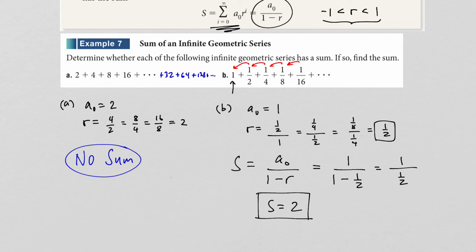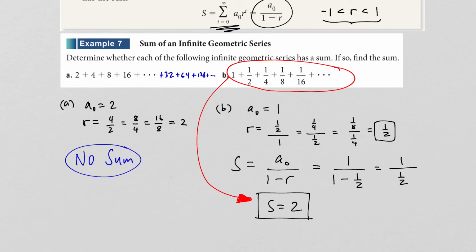And I know this can seem a little bit strange, talking about adding up infinitely many numbers and actually getting a sum. But basically what it means is that when you keep on adding more and more of the numbers in this series, your sum is going to get closer and closer to the number 2, right?